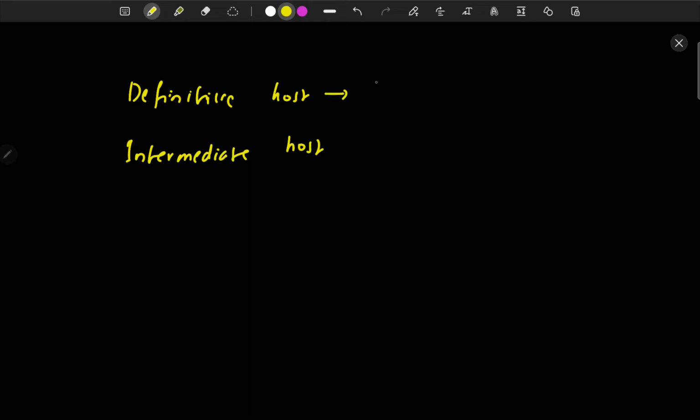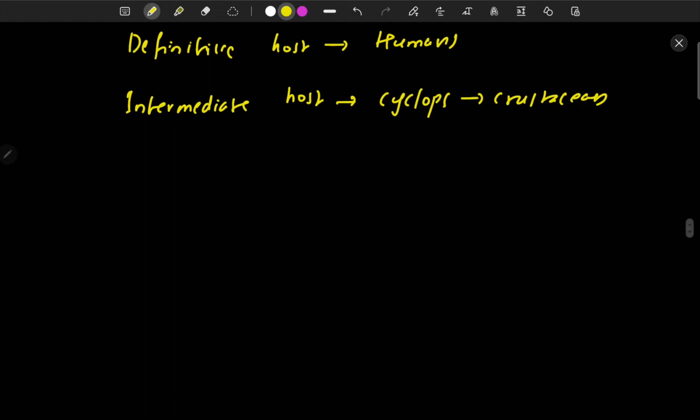The definitive host is humans, where the sexual reproduction takes place. The intermediate host is the cyclops, which is a crustacean.